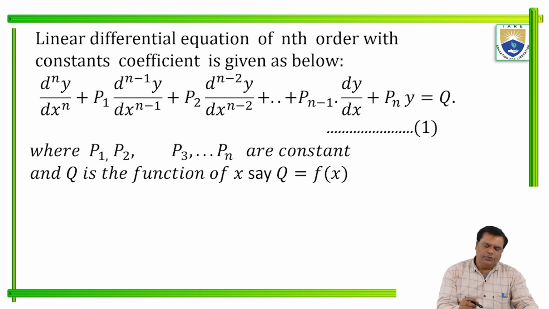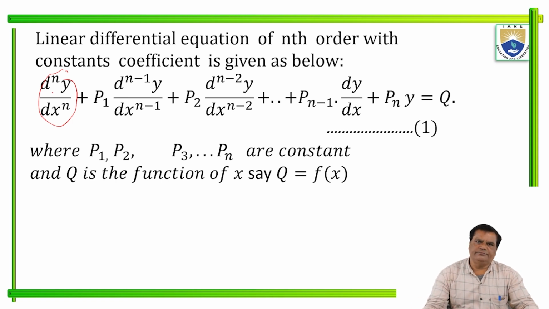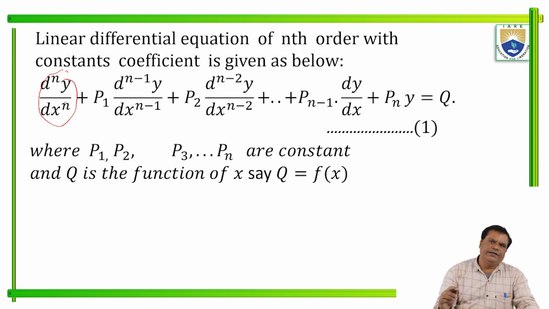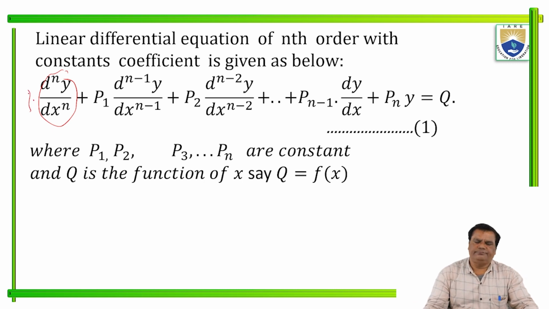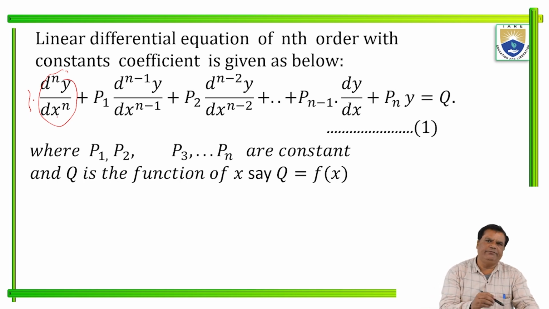The first term is the nth differential coefficient, d^n y over dx^n, and it is multiplied by a constant, only one number, which is 1. This is the first term of the differential equation.